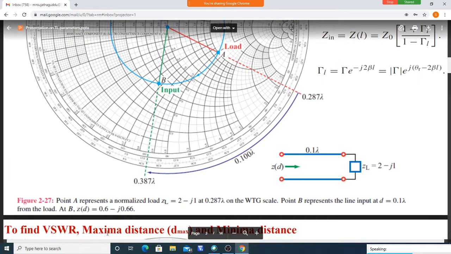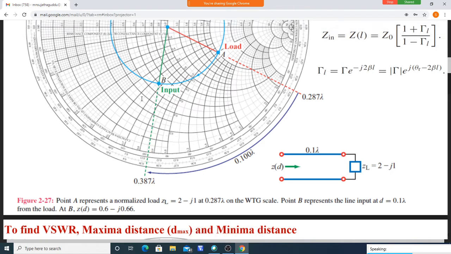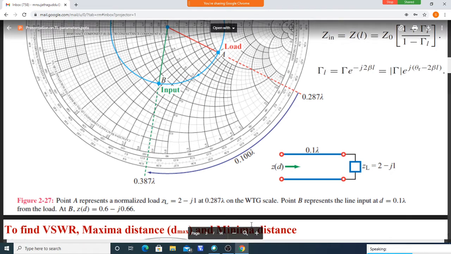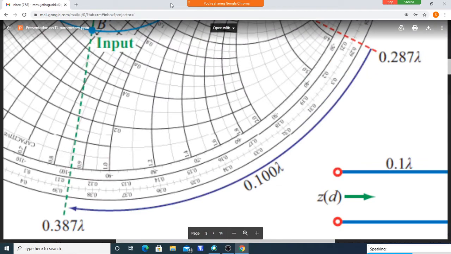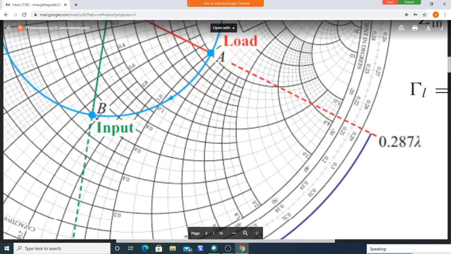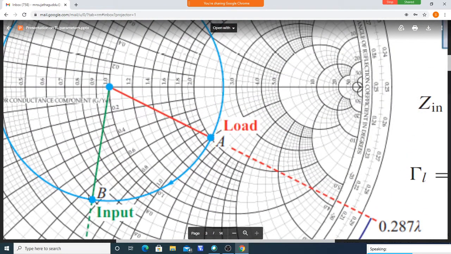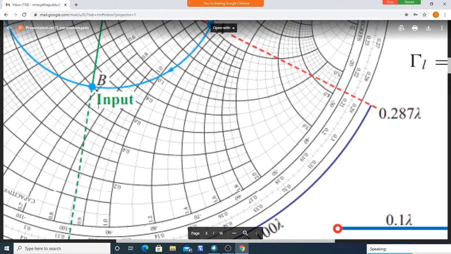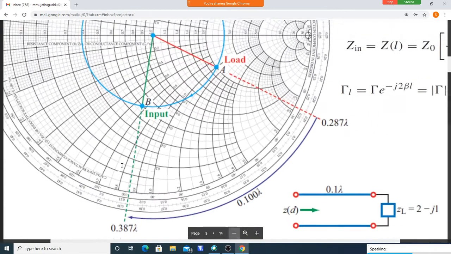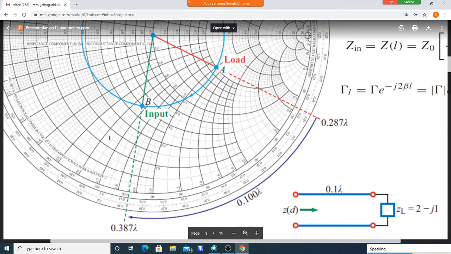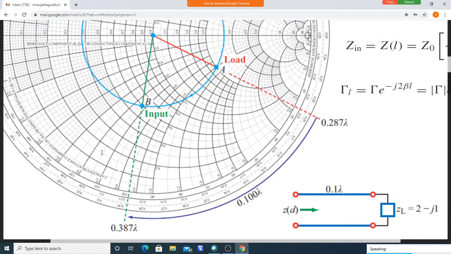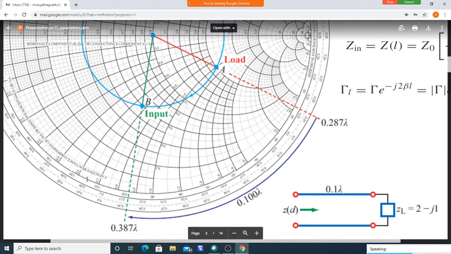So actually for this problem it is 0.6 minus j0.66, this value, reactance value here, and the resistance value, read here. This is 0.6 resistance. Read the resistance circle passing through the point B. Similarly, read the reactance circle passing through this. This is the reactance circle passing this one. Read that value.